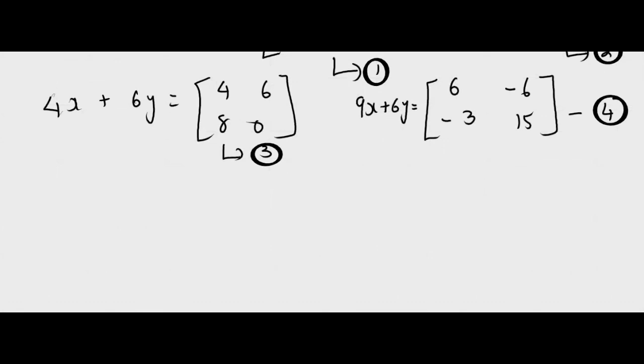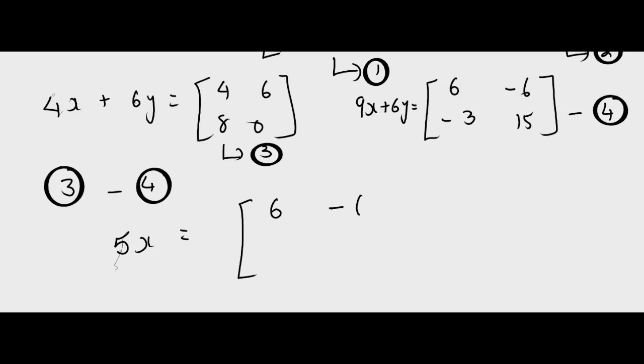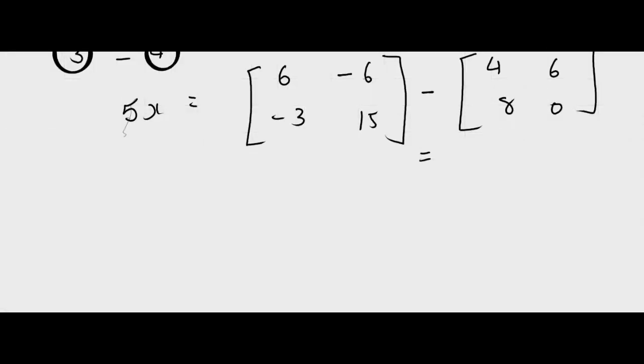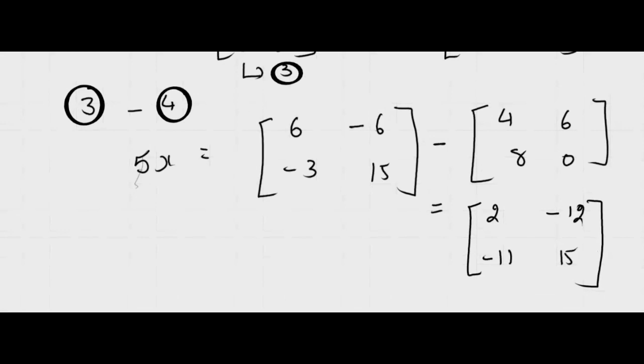Now let us subtract 3 and 4. Subtracting 3 and 4 will give you 5x is equal to [6 -6; -3 15] minus [4 6; 8 0], which is equal to [2 -12; -11 15].